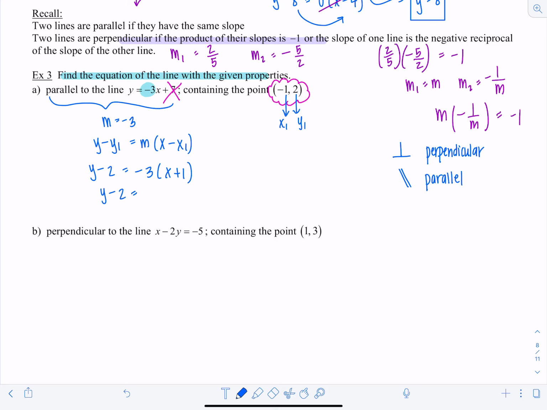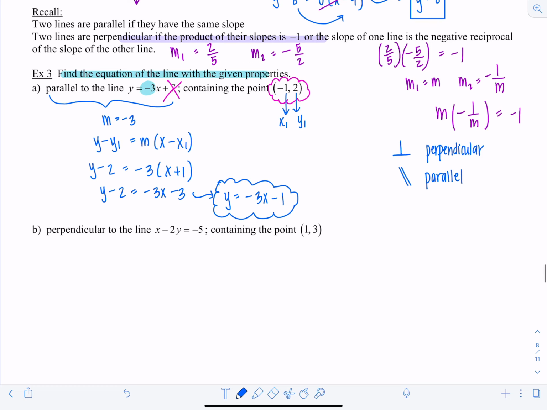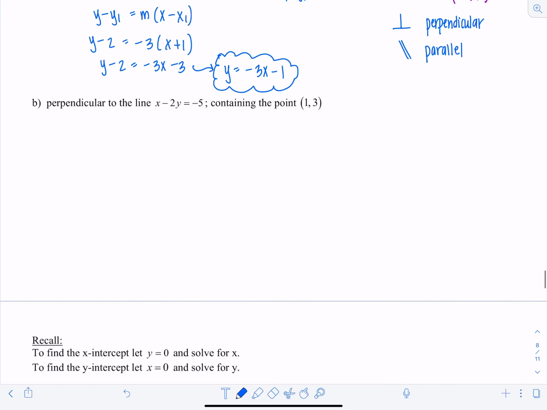So y minus 2 equals -3x minus 3. So y equals -3x minus 1. Beautiful. Okay. We'll just put a cloud around it. Good. Let's look at another example now, a little more advanced.